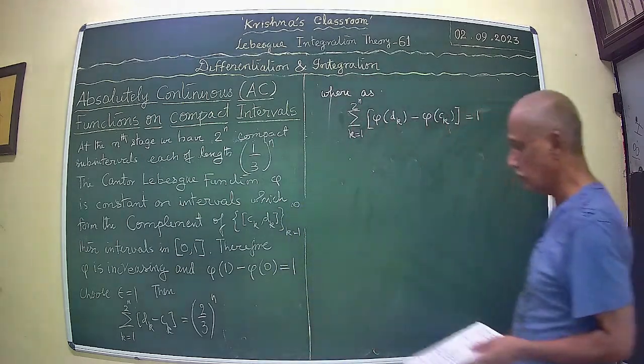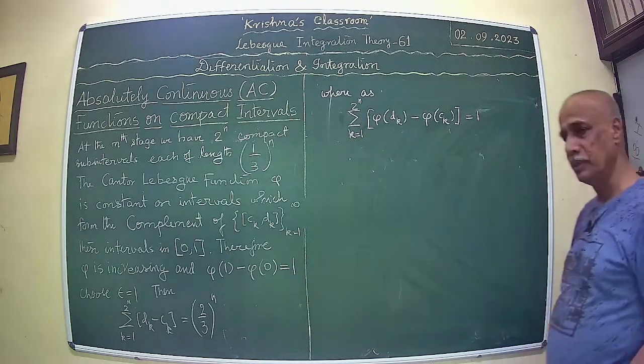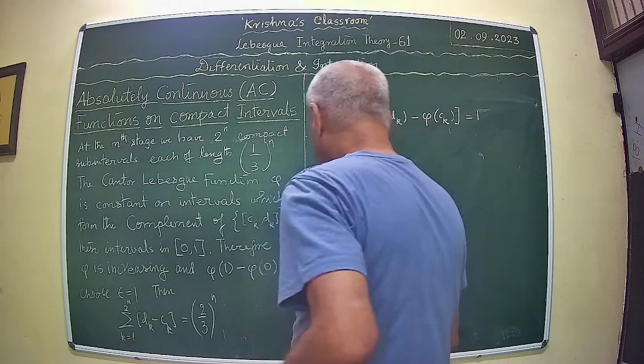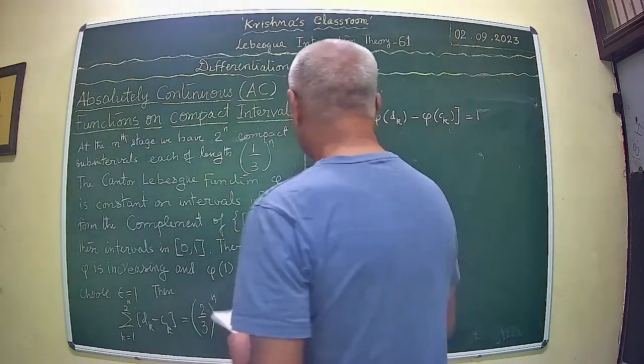So it's a monotone increasing function from 0 to 1. Okay. So what does this say?